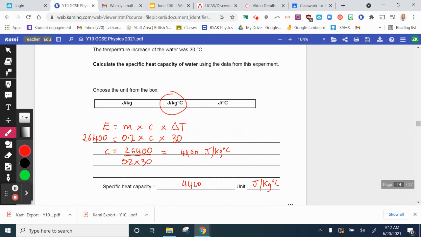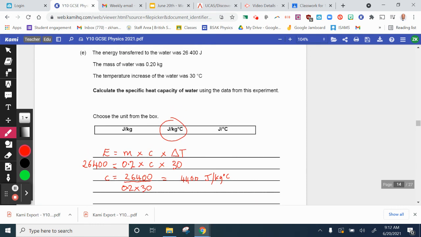So the energy is given to us as 26,400 joules. I've written that here. The mass is 0.2 kilograms. I've written it underneath the m. The specific heat capacity, c, is what we're trying to work out. So I've written c, multiplied by the change in temperature, which is 30 degrees. I've written it here.